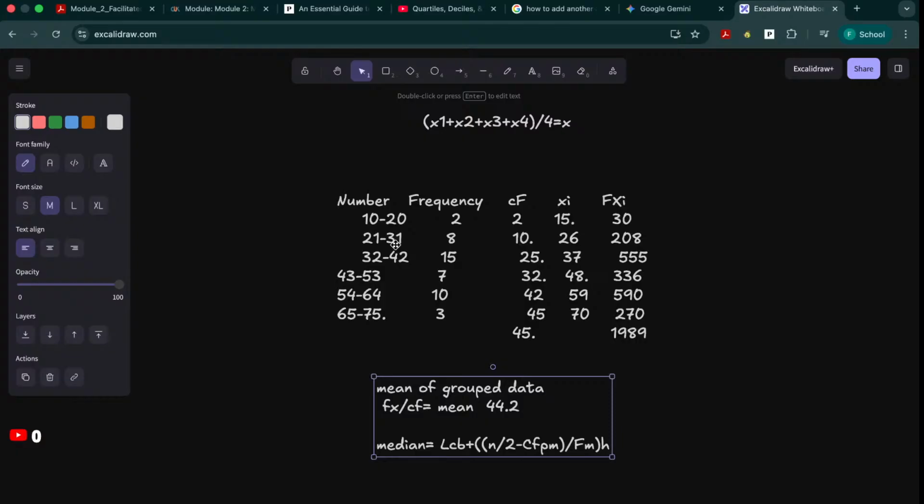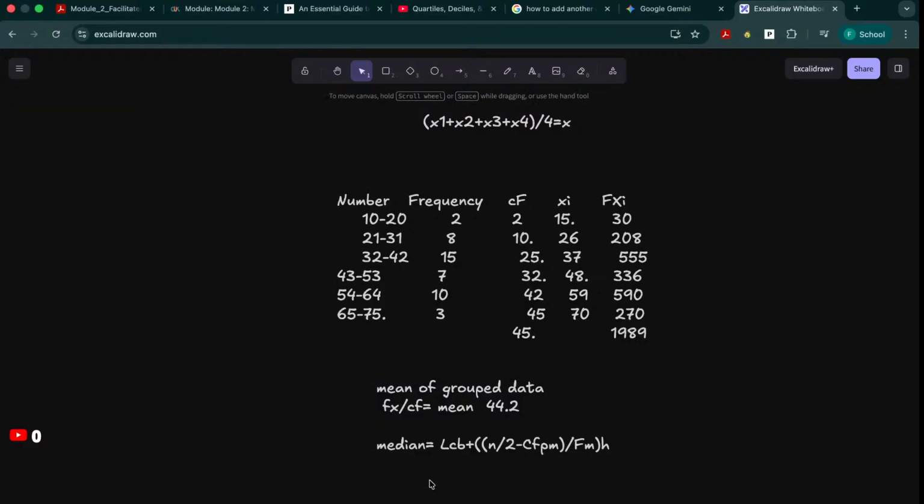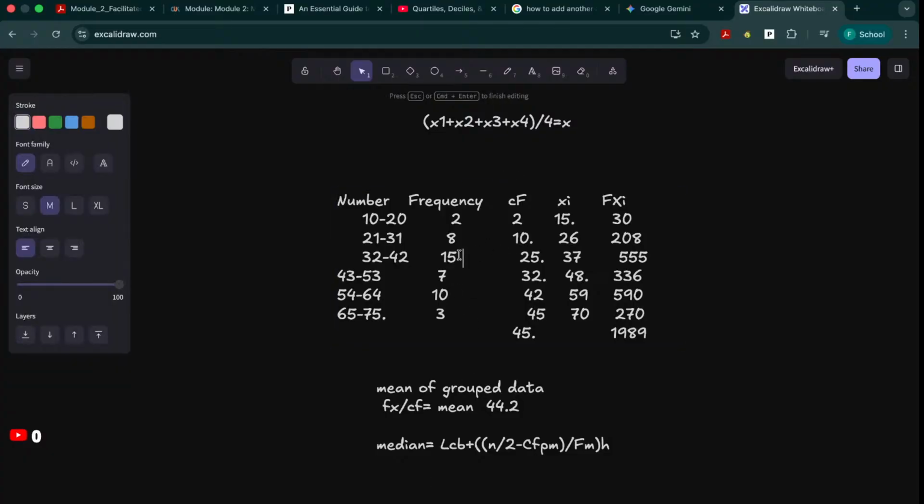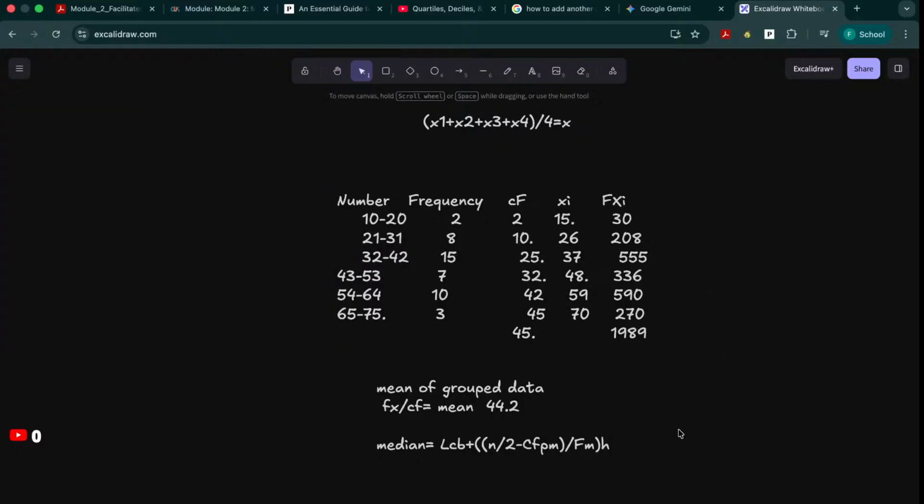So to calculate the lower class boundary, we first select 15 here as the class with the highest frequency. So we want to check the lower class boundary. To calculate that, we check this number and this number, and we do the average.